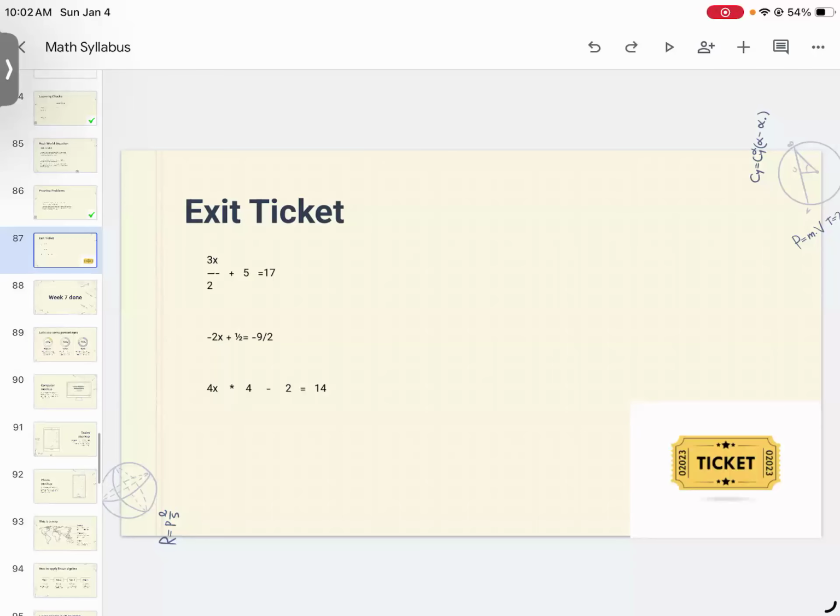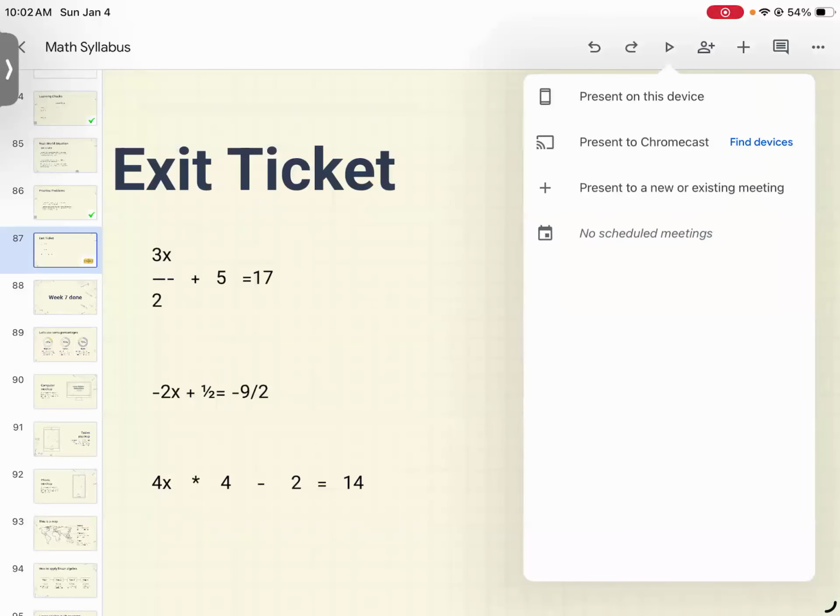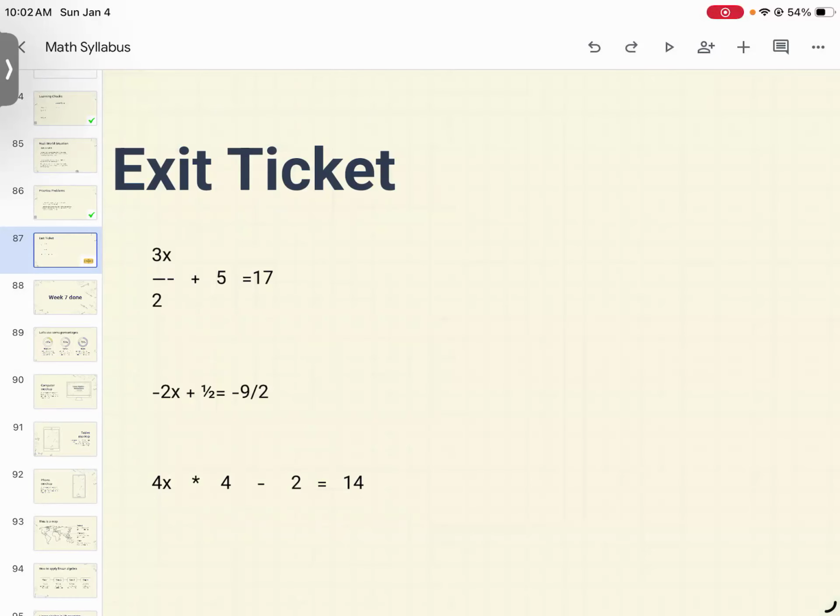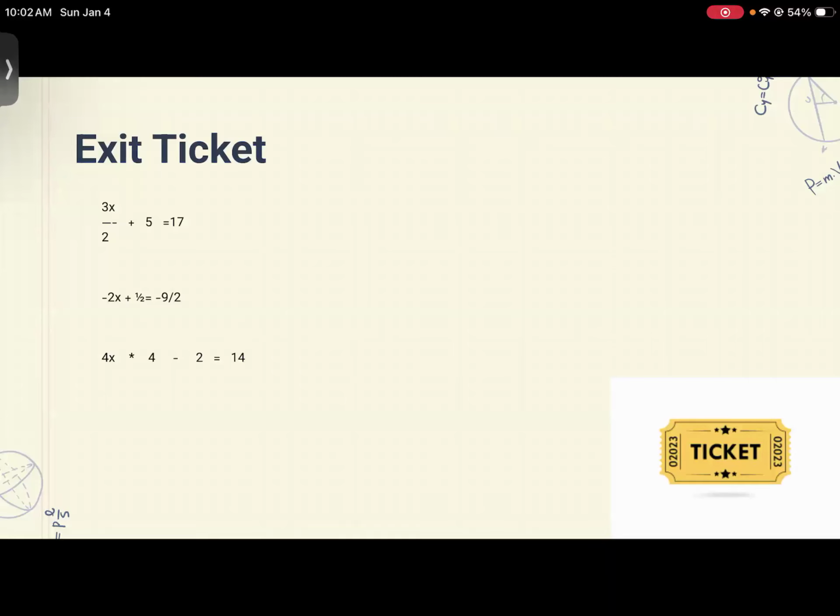So this first and third question is left. So the first question is saying 3x over 2 plus 5 equals 17. So don't overcomplicate it. Just make sure you do the correct order of things and it will be okay.